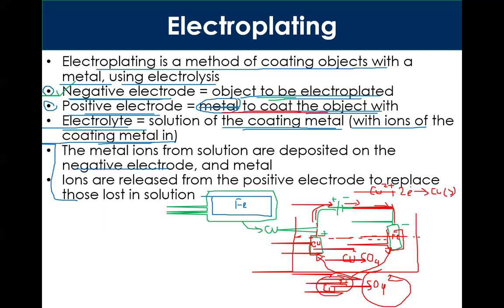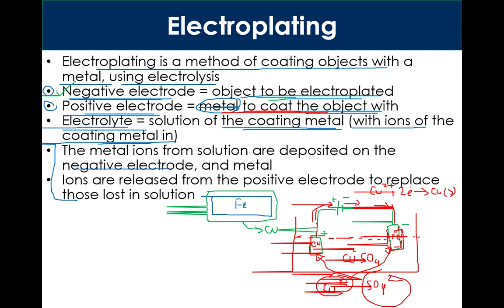So basically copper starts to get deposited on this iron electrode. That's the whole point. That's what we want to do. If the iron electrode is fully submerged in the solution, copper deposits on it, and we say that iron is being electroplated with copper.